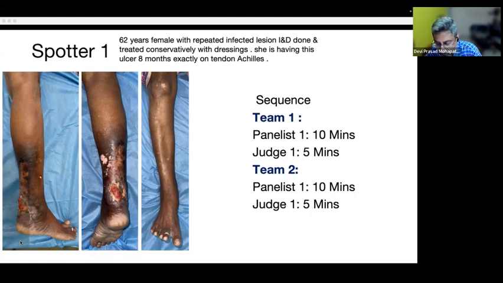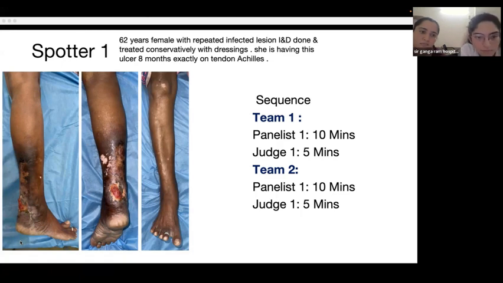Okay. Suppose you have to take the inferiorly based fasciocutaneous flap. What will be the advantage of the fasciocutaneous flap over the fascial flap? Fascial flap will require grafting over it, while the same is not there for fasciocutaneous.